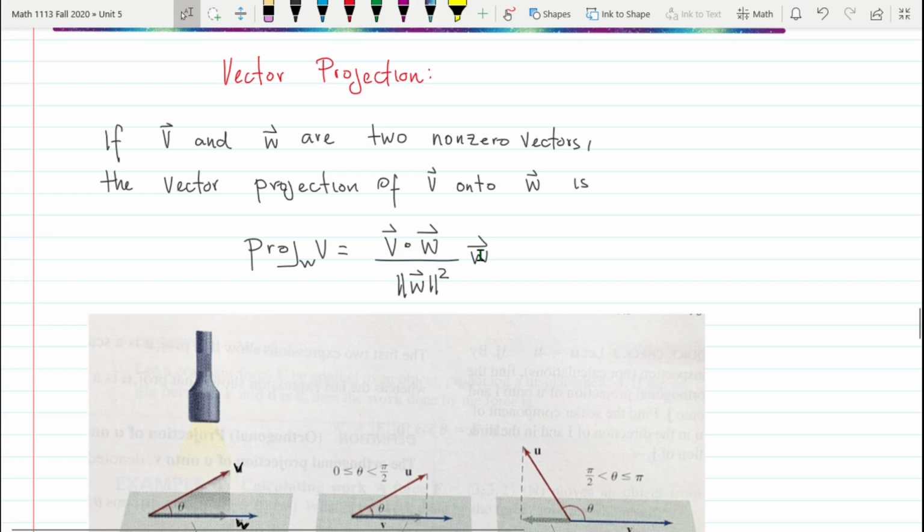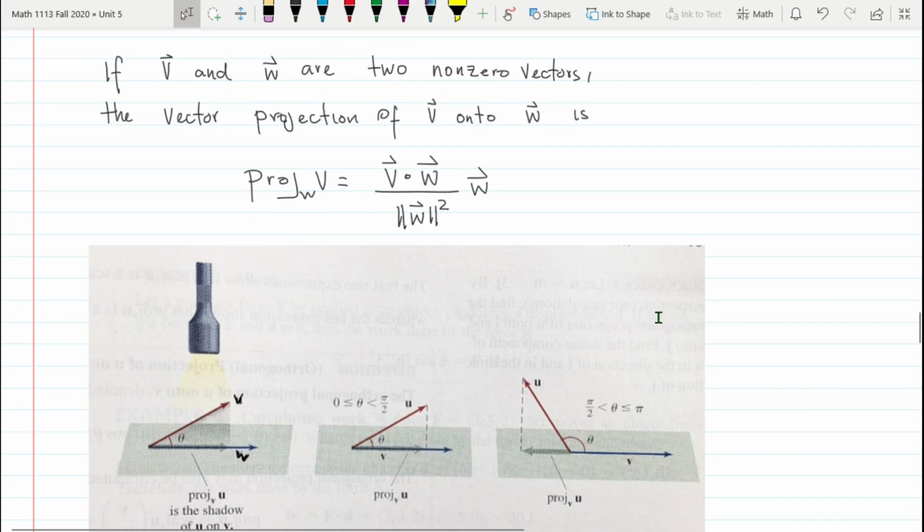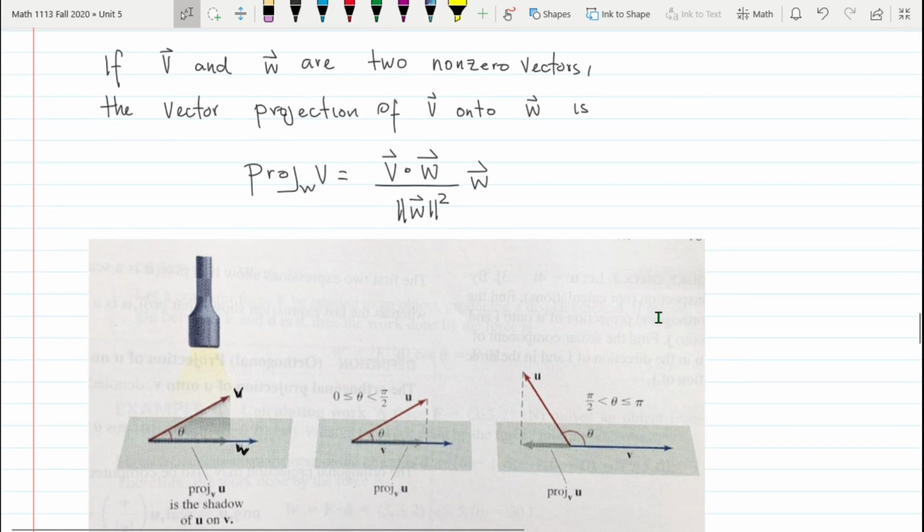Now, what does a projection mean? If you look here in the picture, I have vector v and vector w, and you're looking from above and creating this right angle vision, trying to figure out how much one vector is pointing in the direction of the other.